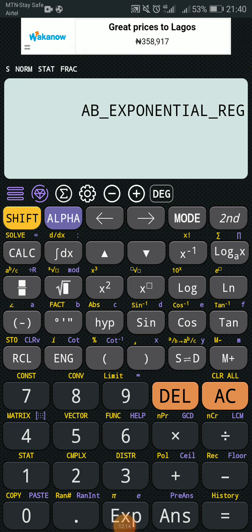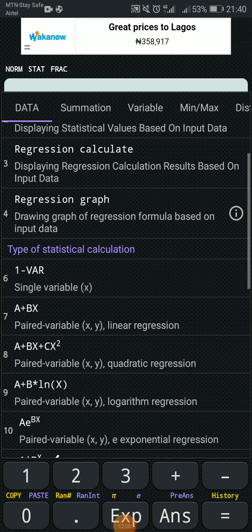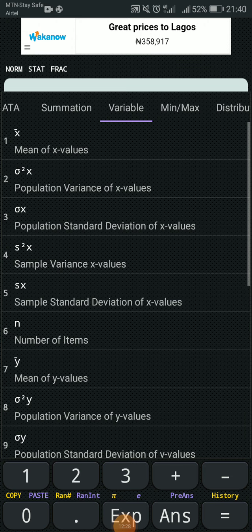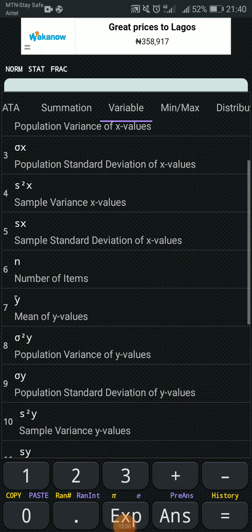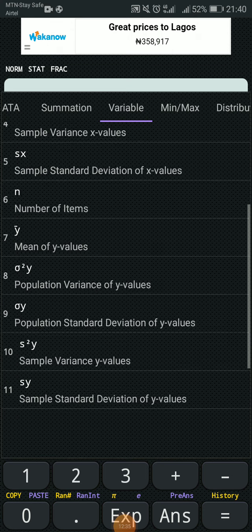That's shift, not 2. Start is 1, so shift 1. In your calculator, after shift 1, you should have reg, then 5.